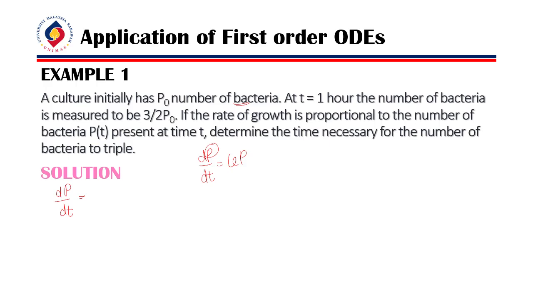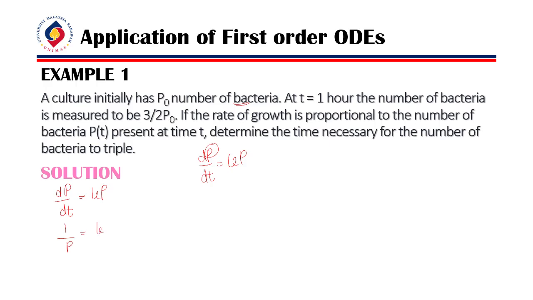How are you going to apply the separable method in the example later on? We are given this formula here. What you can do next, when you do the separable method, is separate the variables.